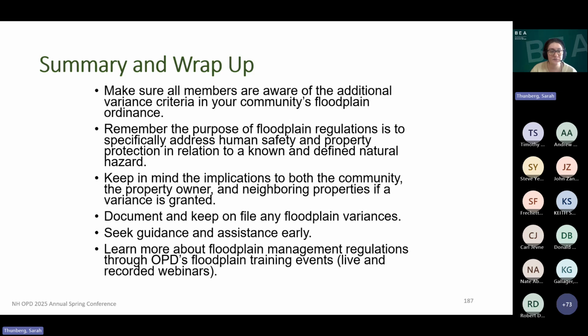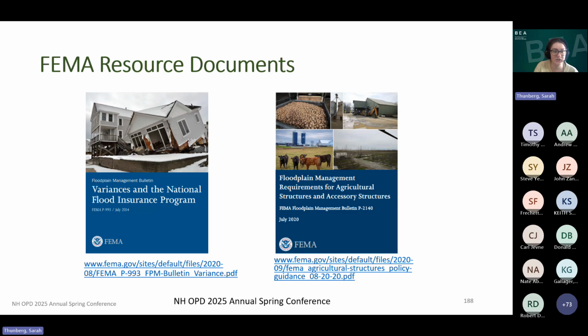So we do have some resources on our webpage. We have sample model ordinances, trainings, recorded webinars, and also a lot of FEMA resource documents, some of which are listed right here.